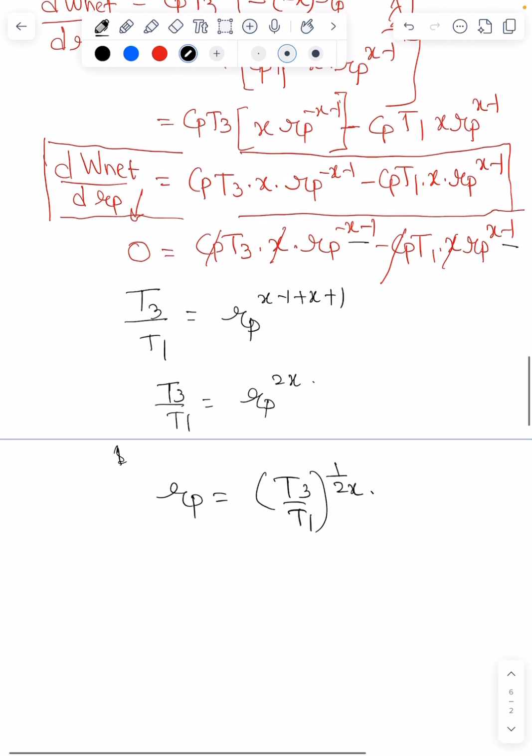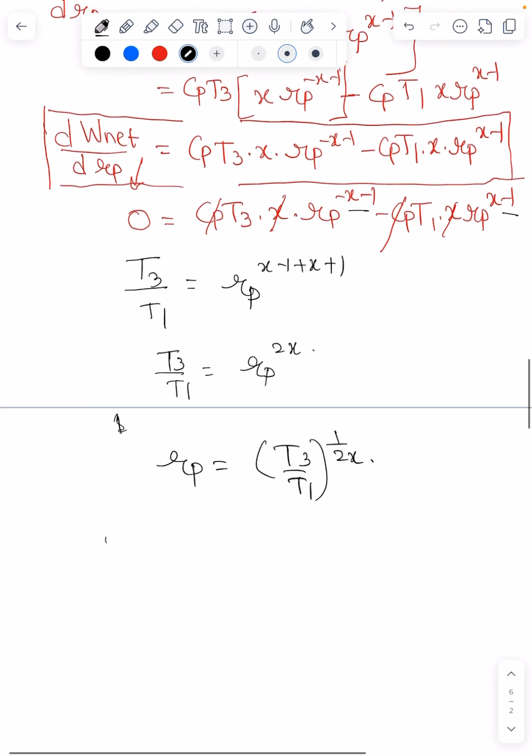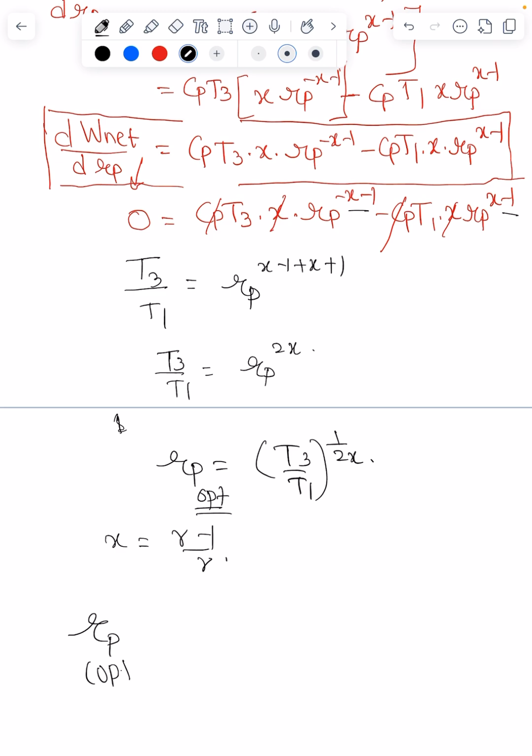Okay, but what is x? x we had substituted for gamma minus 1 by gamma. So this is the optimum pressure ratio for maximum work. The optimum pressure ratio for maximum work would be T3 by T1 raised to 1 upon 2 times gamma minus 1 by gamma.